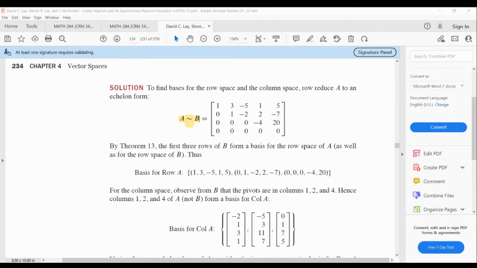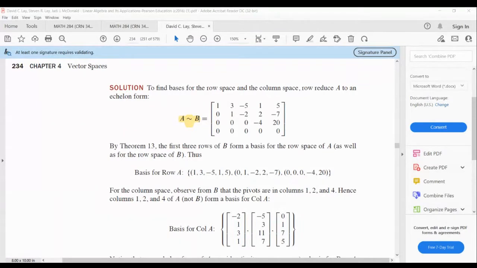Now in the matrix B, how many pivot columns are there? That's right, Mikhail, 3. And what are those pivot columns?